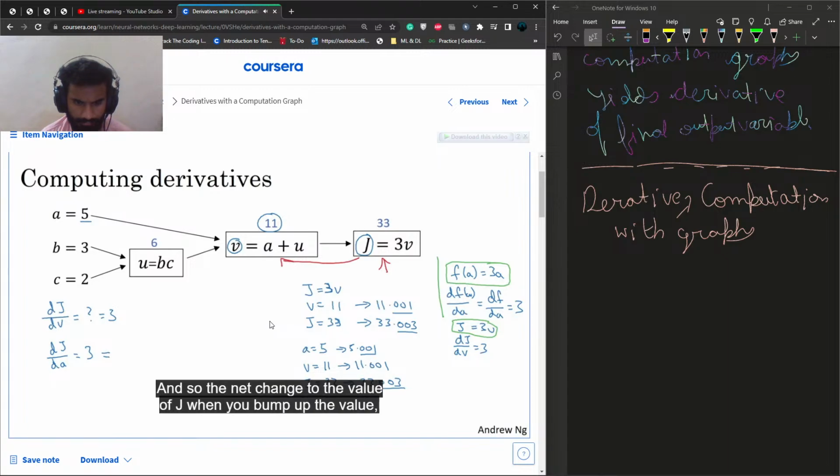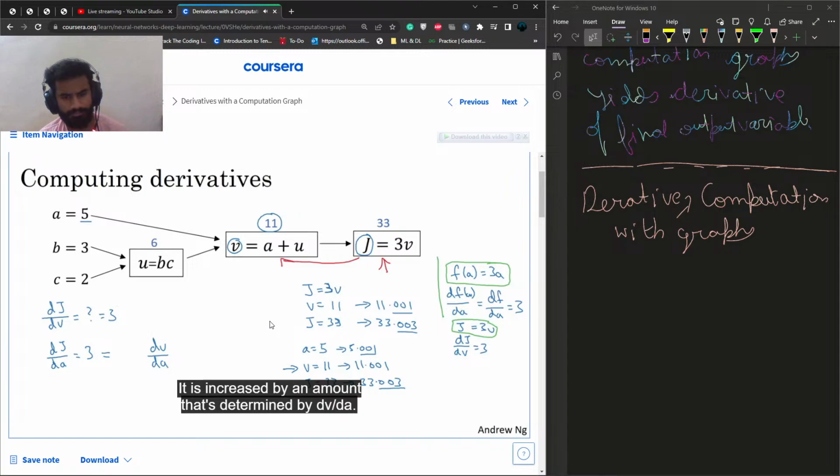So when you nudge the value of a up a little bit, first by changing a, you end up increasing v. How much does v increase? It'll increase by an amount determined by dv dA, and then the change in v will cause the value of j to also increase.